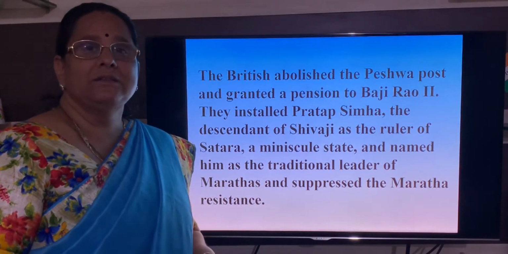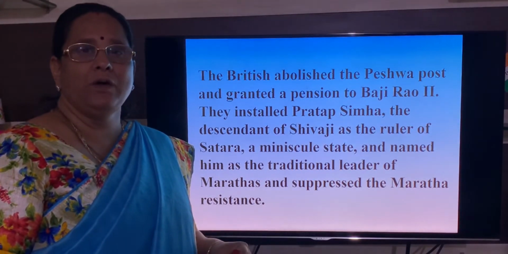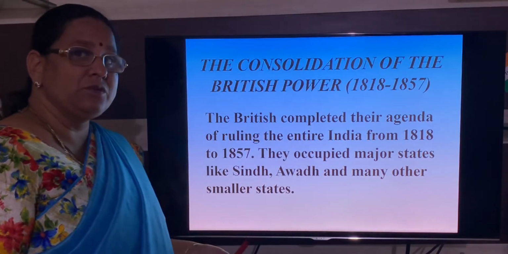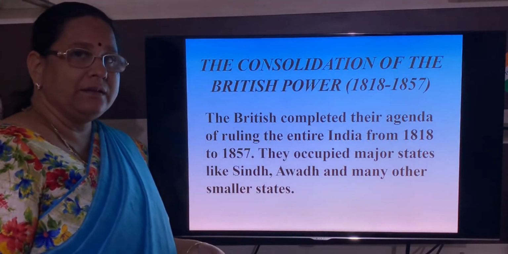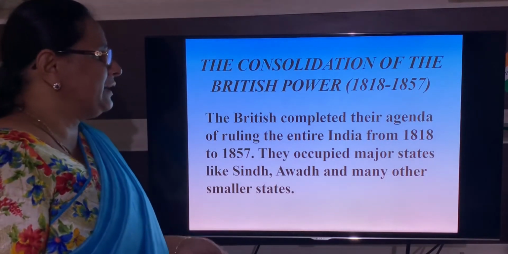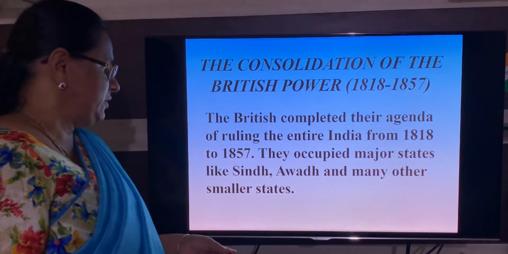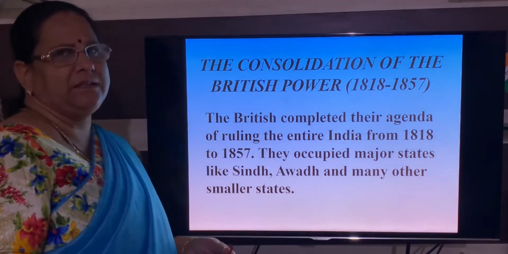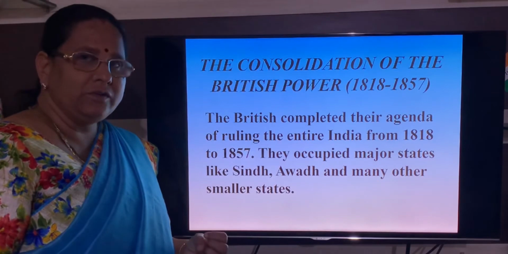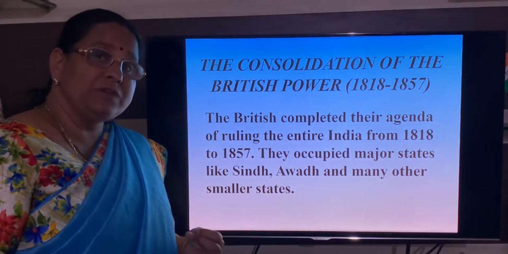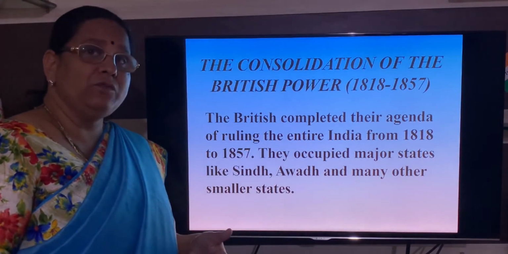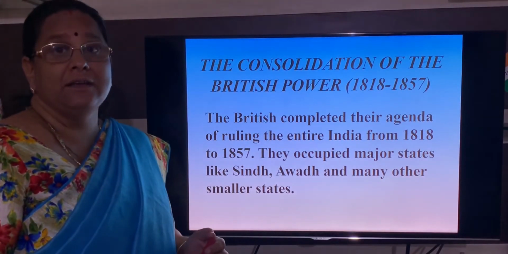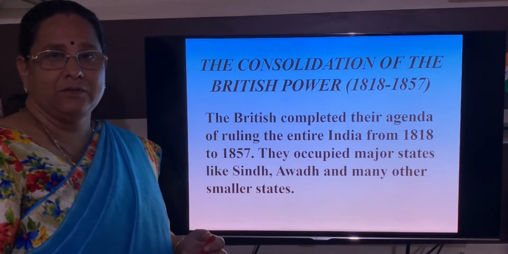Have you learned the 3 Anglo-Maratha Wars? Other places that the English were able to conquer after the Marathas, and which came under British control, were Sindh, Awadh and many other states through the doctrine of lapse and subsidiary alliance. Not only that, through waging war, they were able to expand their kingdom in India.